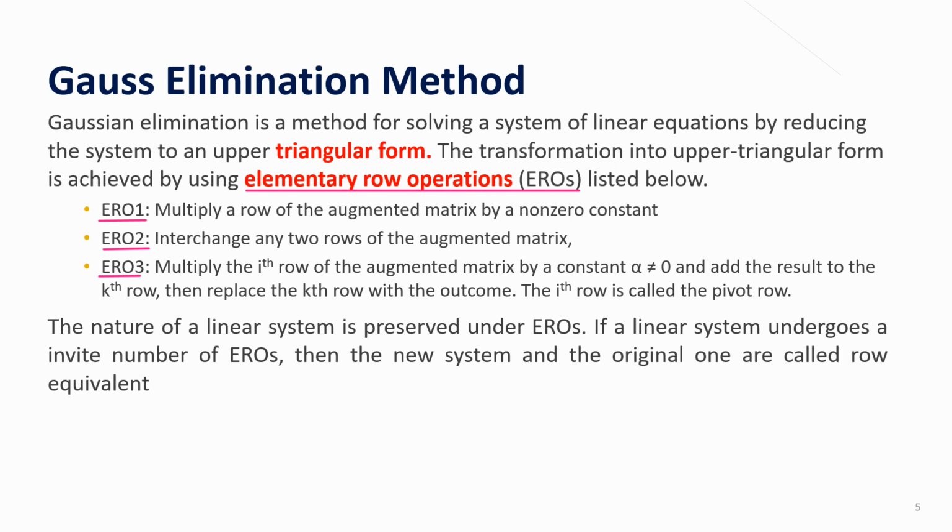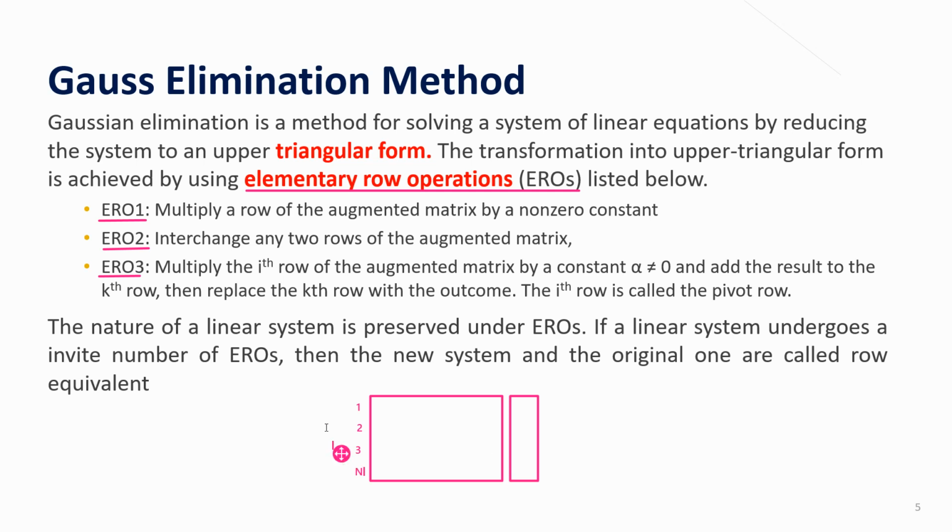Let's say, like previously, we have a matrix A here, and this is the B part here. So we have row 1, row 2, row 3 until row n.